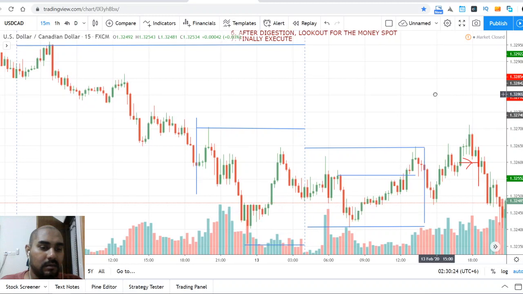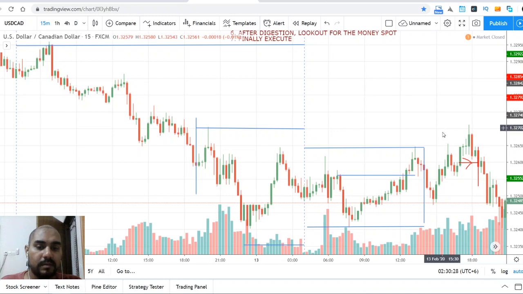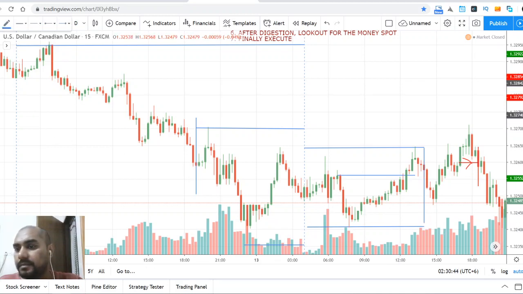I see green. Okay, struggling there. The buyers are fighting back. Okay, at this point when the buyers are fighting back, this is the memory of this. Let me just use this.